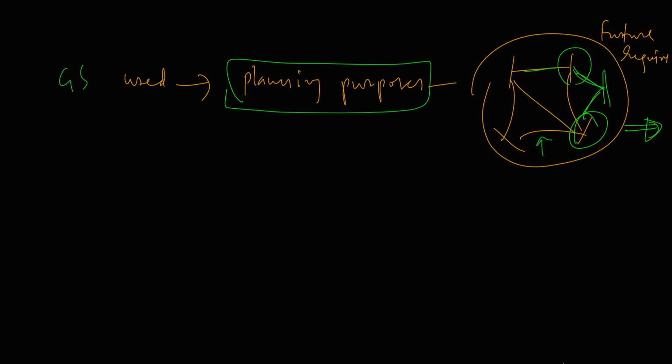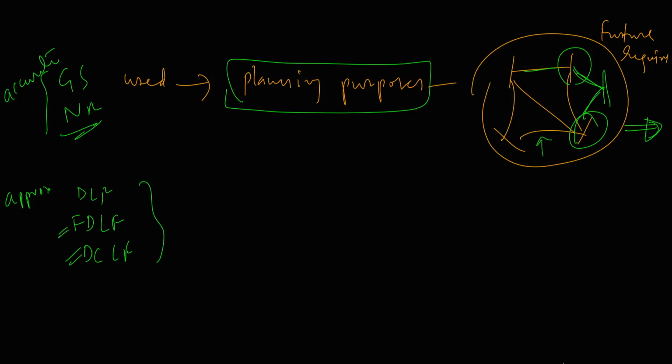Gauss-Seidel and Newton-Raphson are accurate load flow solutions. Whereas the approximate ones are decoupled load flow, fast decoupled load flow, and DC load flow. Fast decoupled is more advanced than the decoupled one.